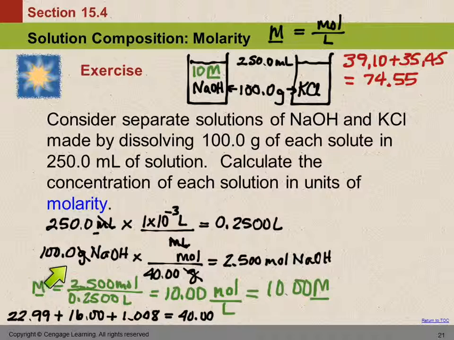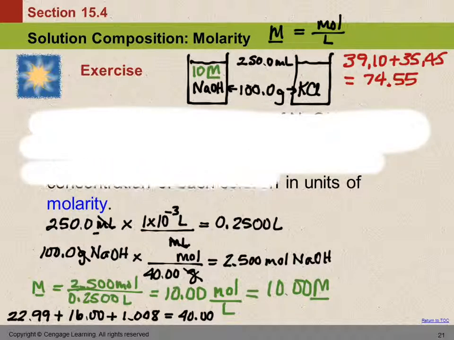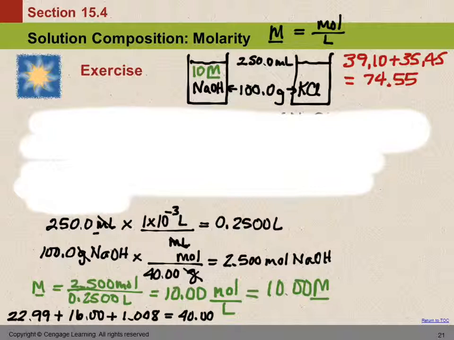So we're going to do a real similar calculation to this one. 100 grams of KCl, and then we're going to use the molar mass of the KCl. I know what I'll do. We'll get rid of all these words that we don't need to see anymore. So 100 grams of KCl, we have to convert that to moles.